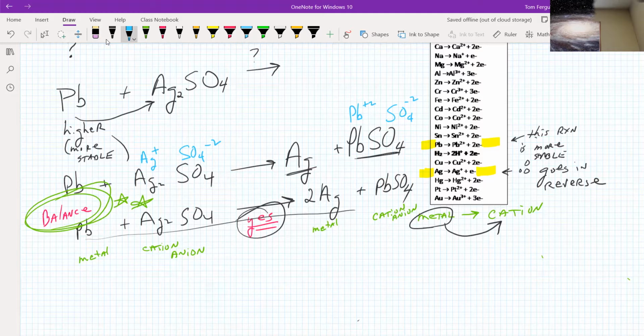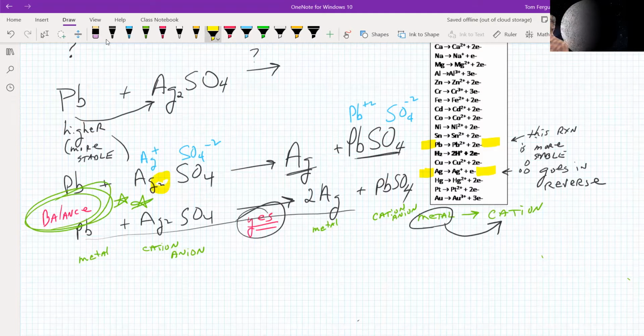So it's not balanced yet because we need to balance it out. We've got 2 silvers. That means we have to have 2 silvers on the right side as well. Hence the 2 there. So now it's balanced.